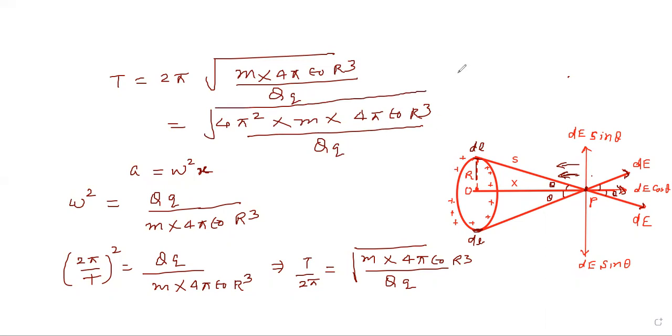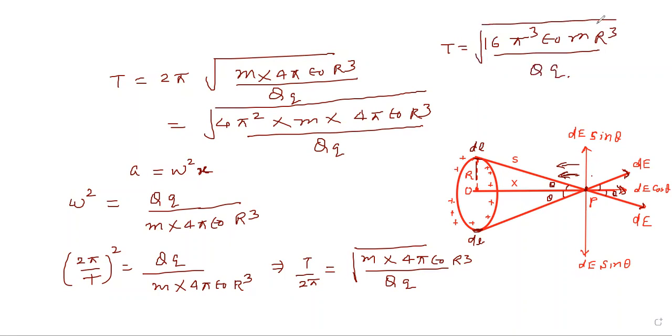Clearly, this will become T equal to 16 pi cube epsilon naught m times r cube divided by capital Q small q under root. So this will be the expression for time period.